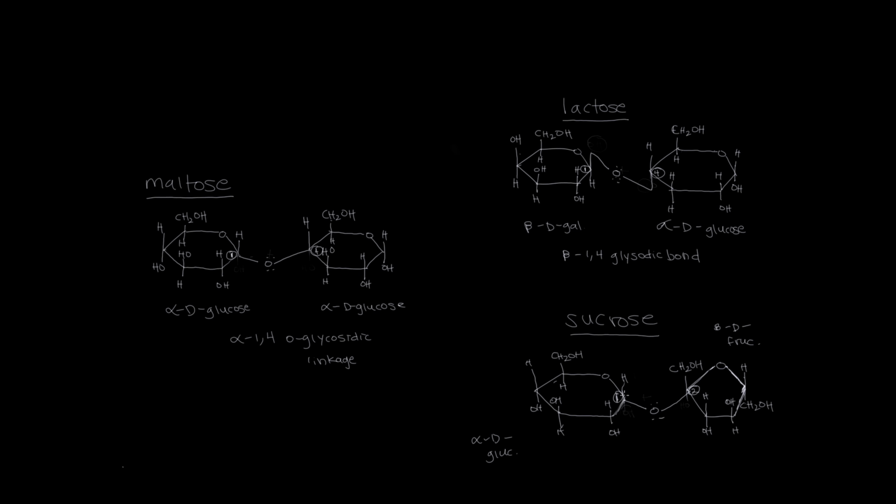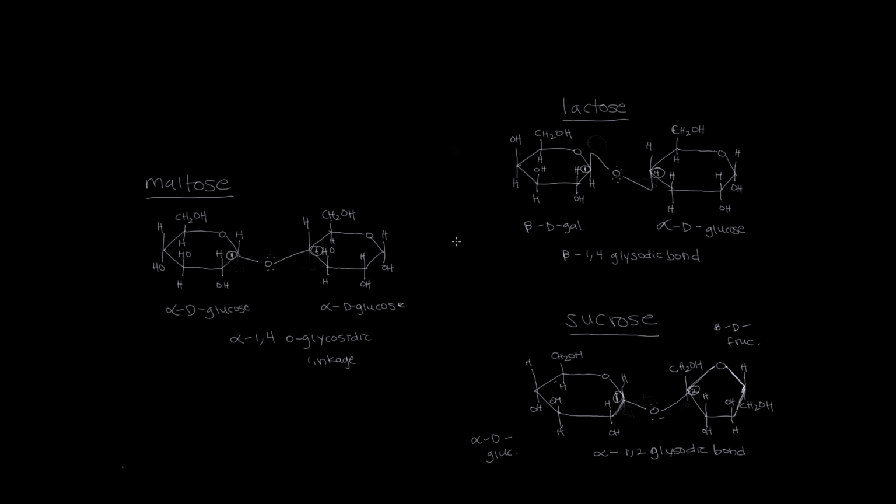And because, like I said, it's between the 1st and 2nd carbon respectively between these 2 molecules, we're going to form an alpha 1,2-glycosidic bond. And glycosidic bond is synonymous with O-glycosidic linkage.